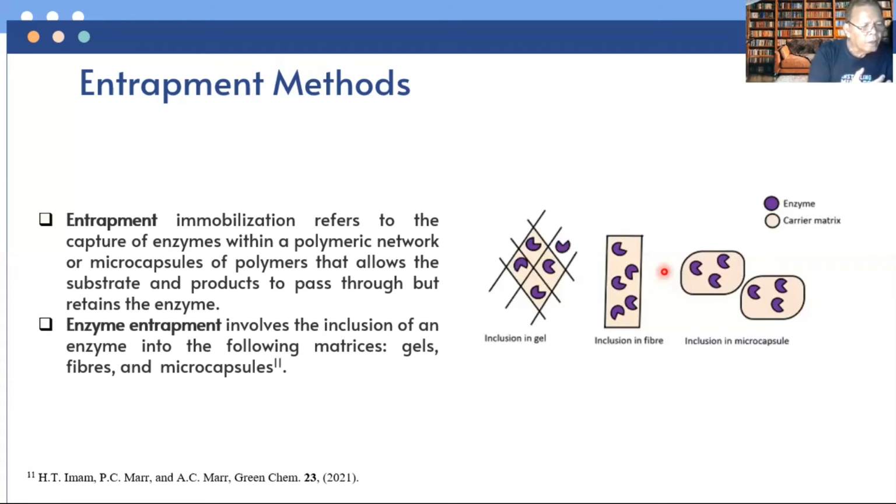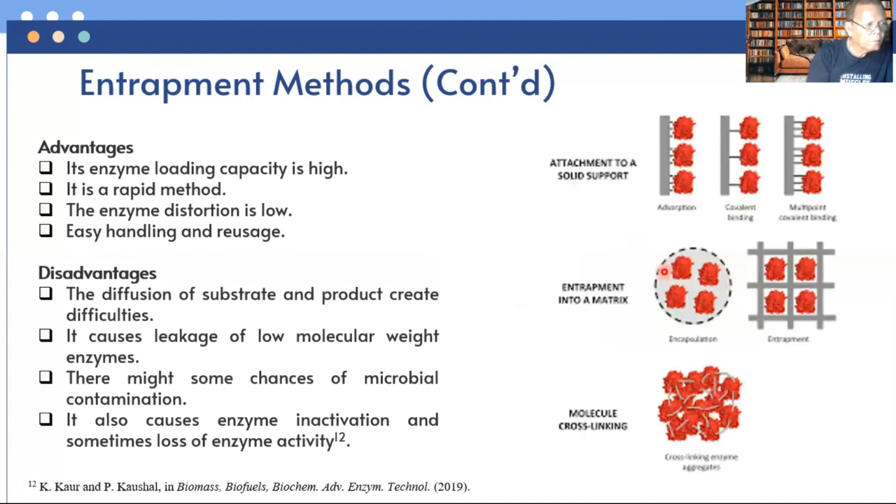Enzyme entrapment involves the inclusion of an enzyme into the following matrices: gel, which involves entrapment of an enzyme inside the gel matrix; fiber, entrapment of an enzyme inside the fiber matrix; and microcapsule, entrapment inside a microcapsule.